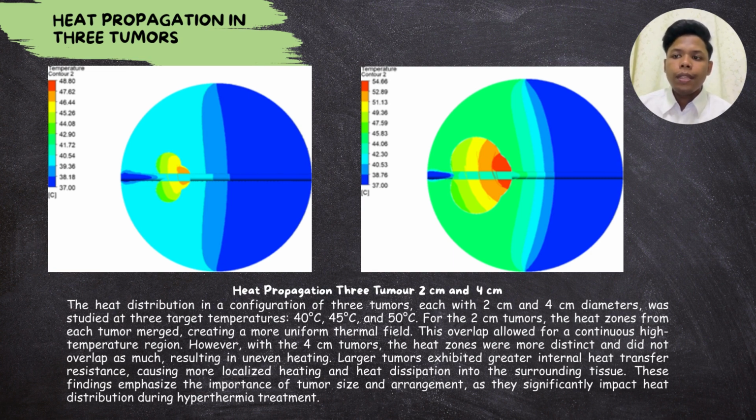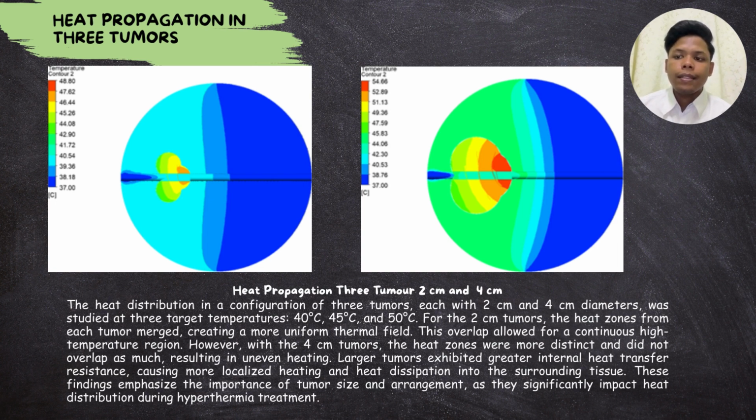For the 2 cm tumors, the heat zones from each tumor merge, creating a more uniform thermal field. This overlap allowed for a continuous high temperature region. However, with the 4 cm tumors, the heat zones were more distinct and did not overlap as much, resulting in uneven heating.